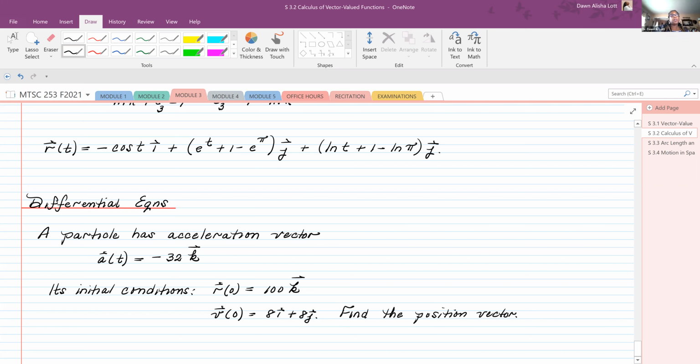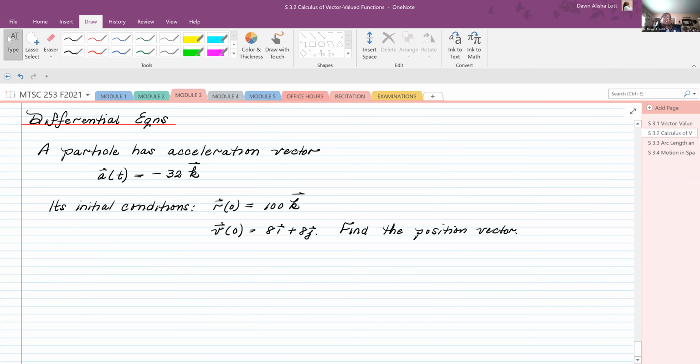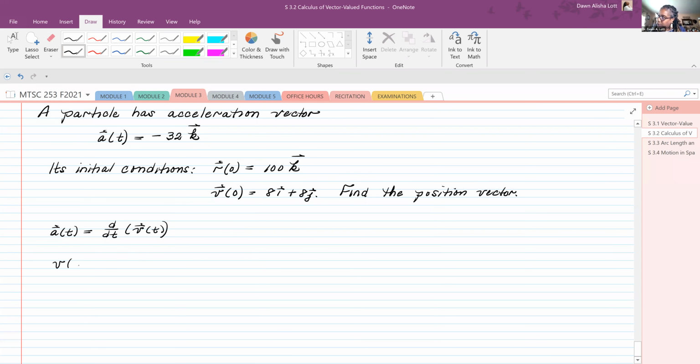Okay, so we start off with the acceleration, and we know the acceleration is the derivative of the velocity vector. So if I integrate the acceleration, I get velocity. So v of t is the integral of a of t dt.